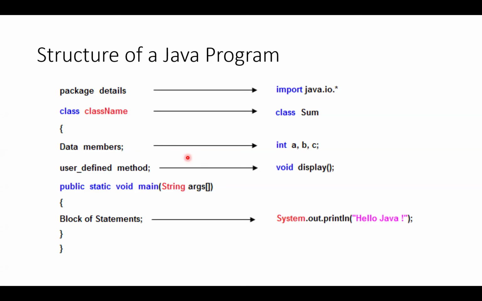But generally, when you are writing the main function, the return value is specified as void. You are saying to the compiler that once it has executed everything, nothing would be returned.